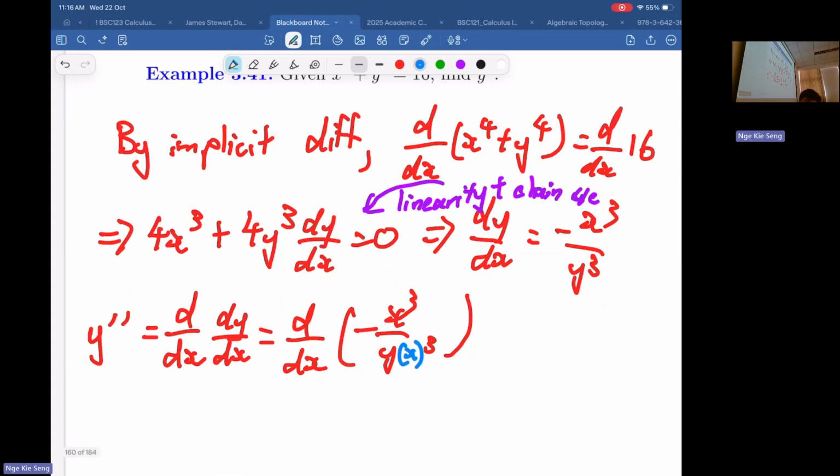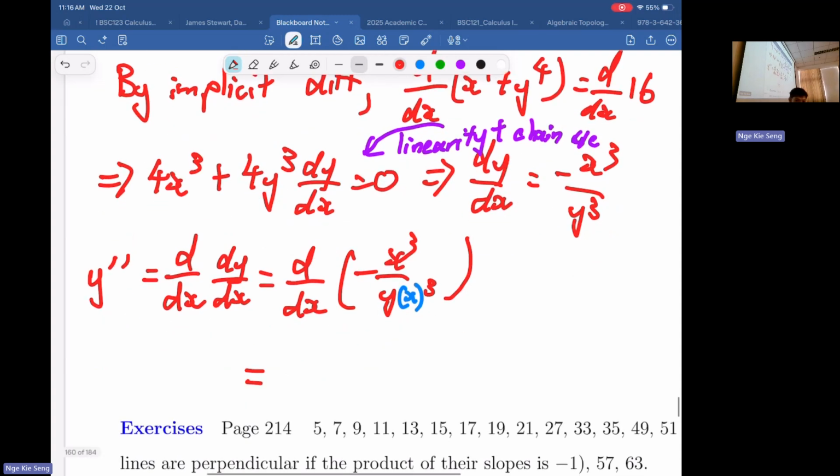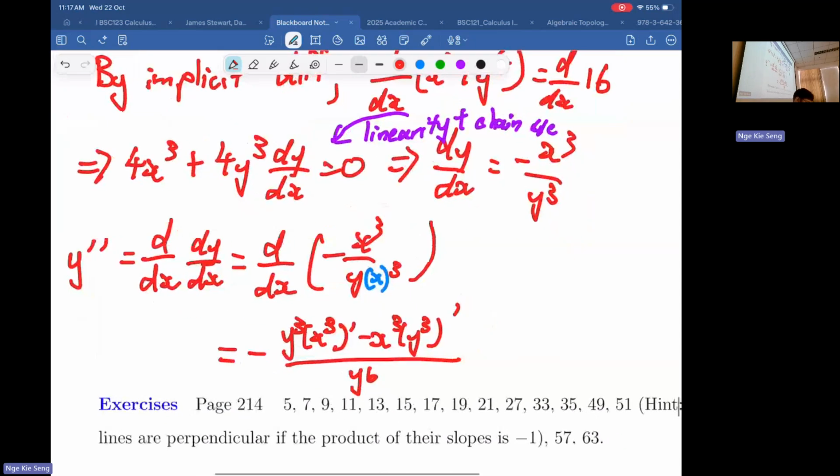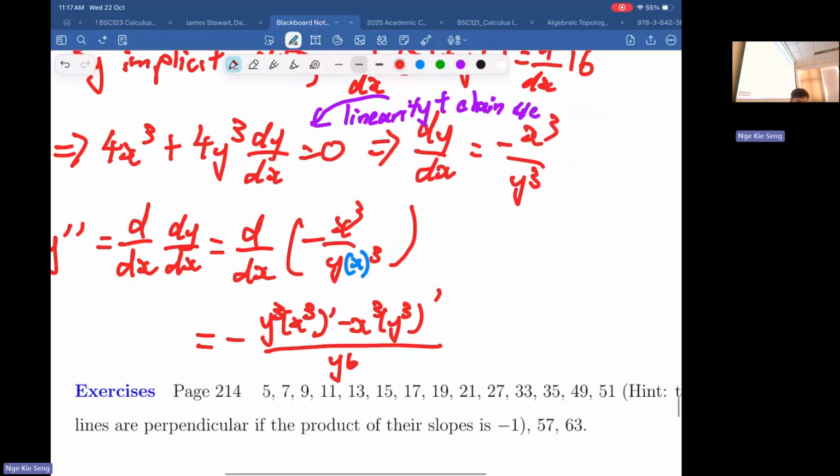So if you do the quotient rule on this, remember the formula, you still keep your scalar outside, and then you do your quotient rule, u over v, on the numerator and denominator. So you get something like this. And then you just continue differentiating.